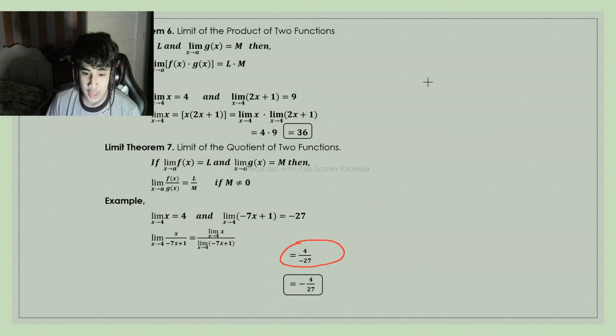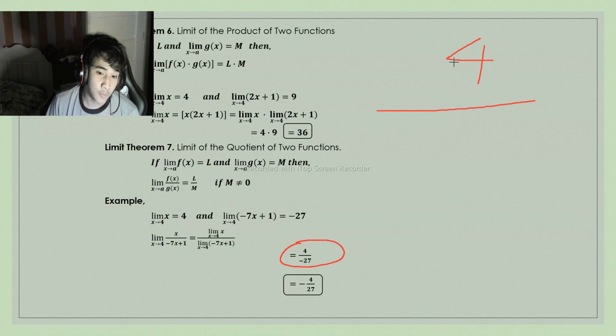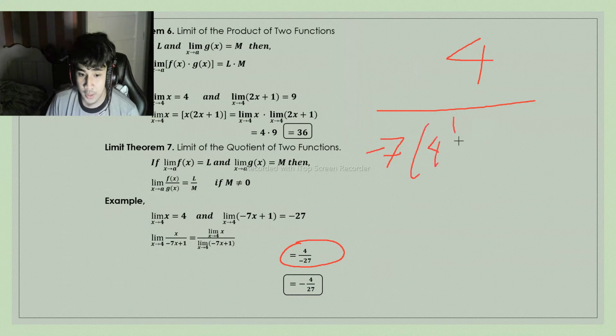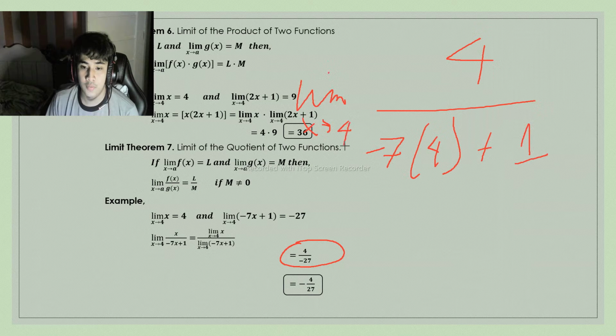Effortlessly, ang f of x natin ay 4, constant na naman siya, and sinubstitute natin yung 4, magiging yung x natin 4, tapos negative 7 times 4 plus 1, kasi limit as x approaches 4.